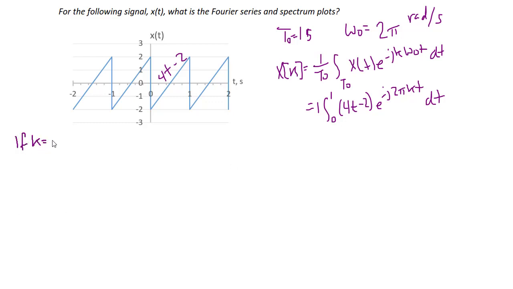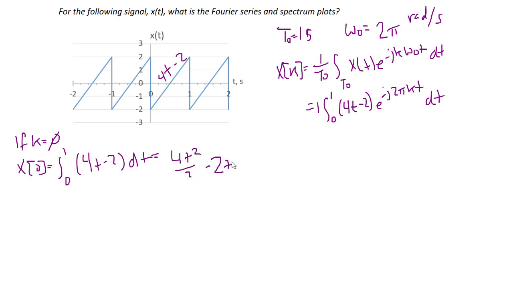So if k is equal to 0, X of 0 is equal to the integral from 0 to 1, 4t minus 2 dt, which equals 4t squared over 2 minus 2t evaluated from 0 to 1, which equals 0. So X of 0 is equal to 0.